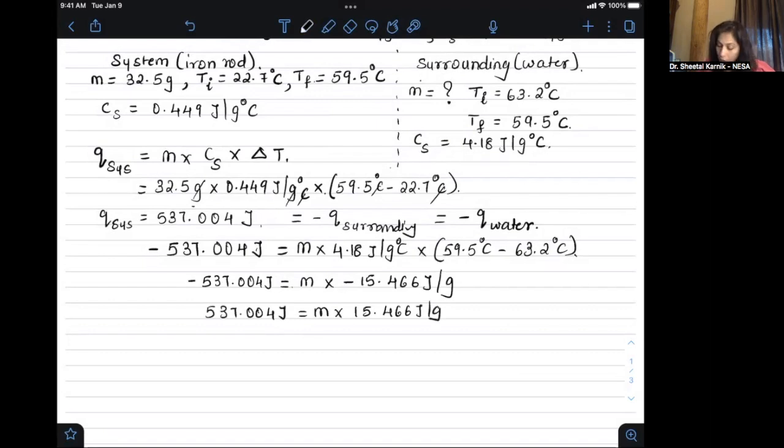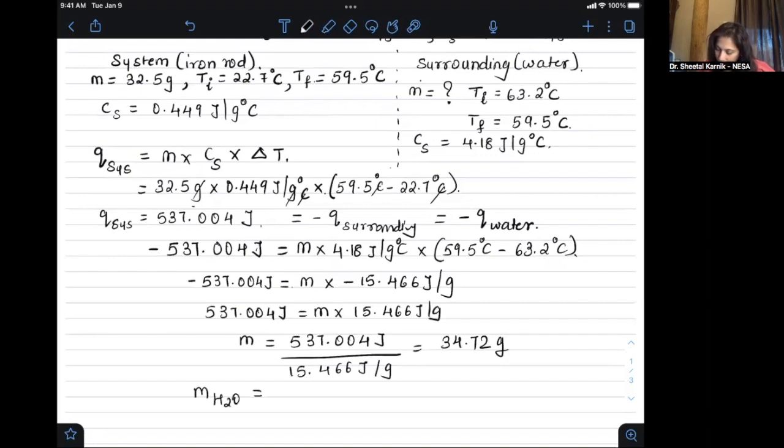And therefore, to calculate mass of water is equal to 537.004 joules divided by 15.466 joules per gram. And my answer comes to 34.72 grams. So I know that the mass of water in this case is 34.72 grams.